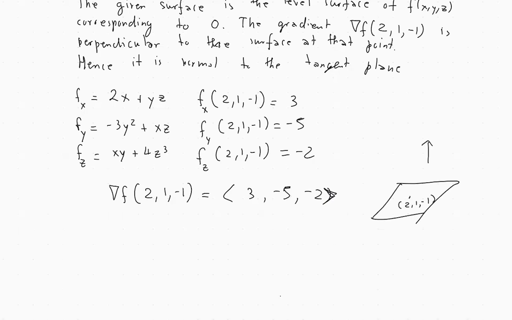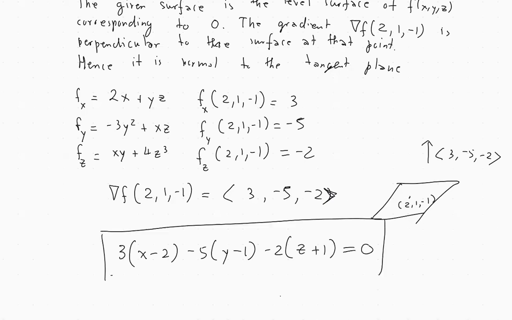So we should be able to put its equation together quite easily. 3 times x minus 2 minus 5 times y minus 1 minus 2 times z plus 1 is equal to 0. And notice how this equation differs, its format at least differs from what we saw in the first example.